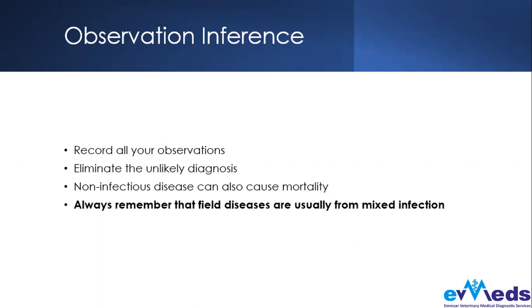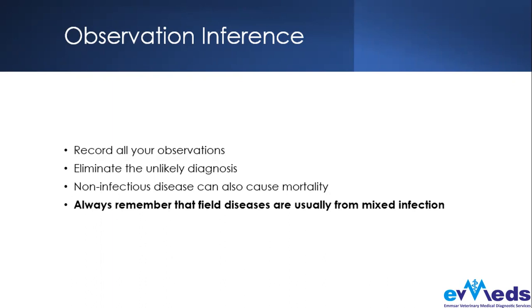Then you start to eliminate the unlikely diagnoses. Like I said during the clerking and history taking, you should have a list of likely diseases that are causing the problem based on your clerking and history taking. But from this clinical examination, you are able to eliminate some of them that are not likely. This is not likely, this is not likely, this is not likely.